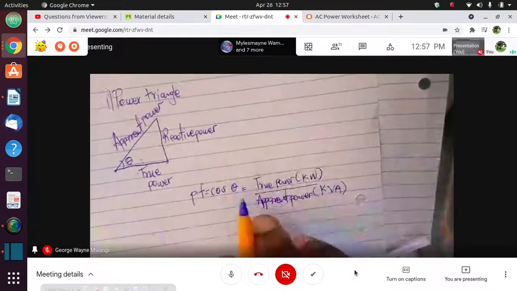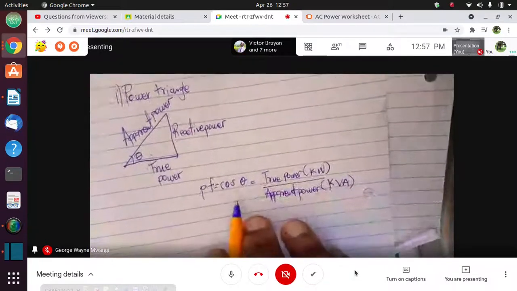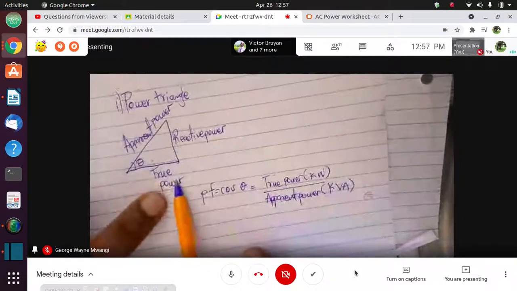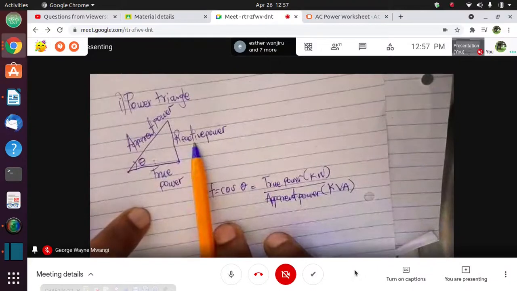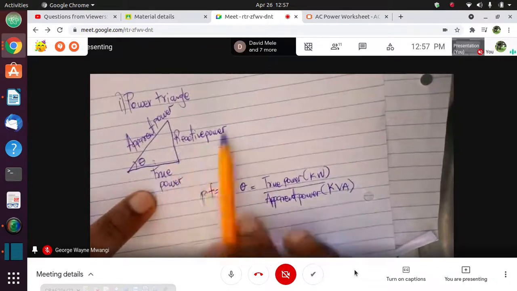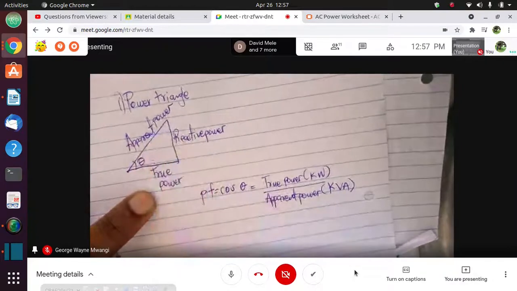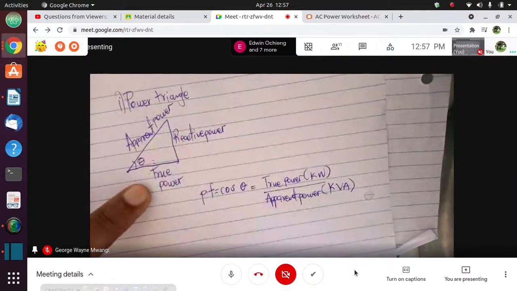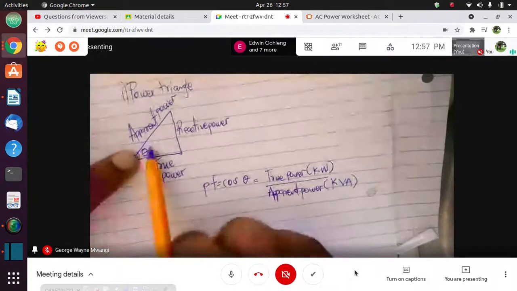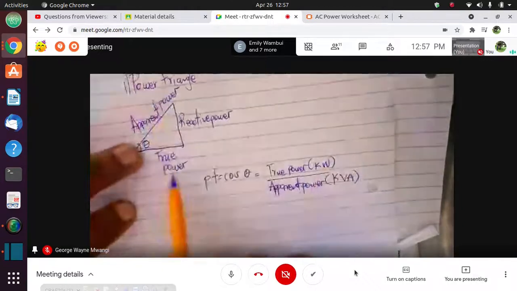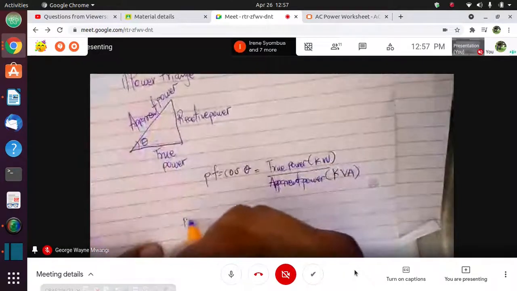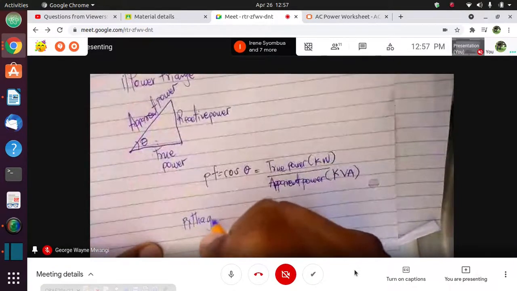Now, katika hesabu, if you're given true power and you're given reactive power, how will you find apparent power? Umepatiwa true power and you have been given reactive power. How do we find apparent power? Kuna ile kitu hesabu, Pythagoras theorem.